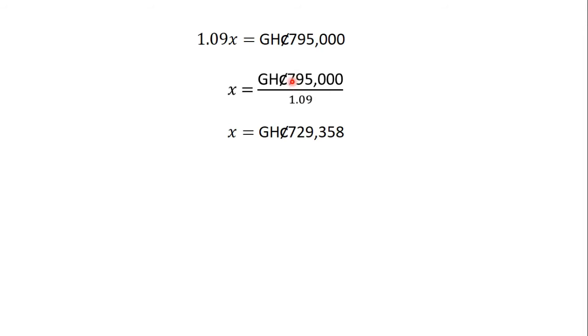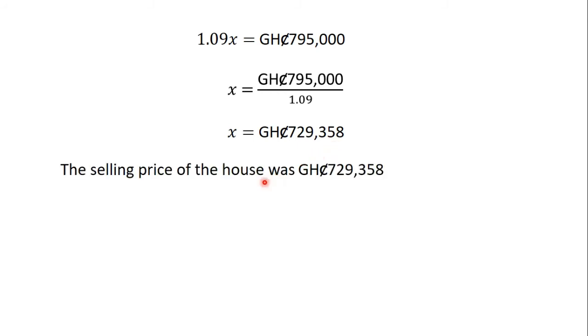So if you divide 795,000 by 1.09, you are going to correct your answer to the nearest whole number. And when you do that, you will have 729,358 Ghana cedis. It means that the selling price of the house was 729,358 Ghana cedis.